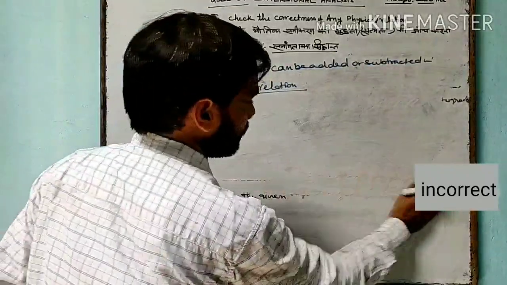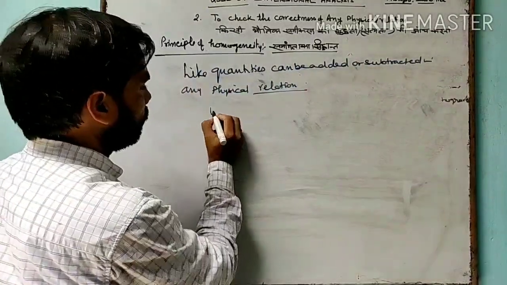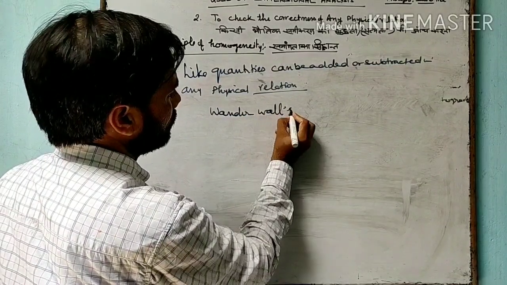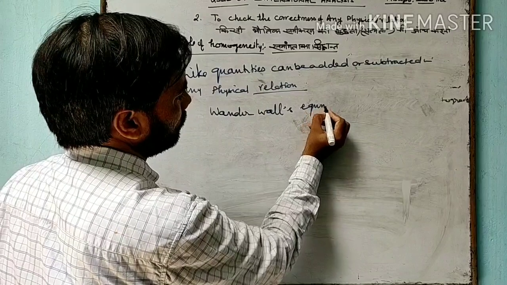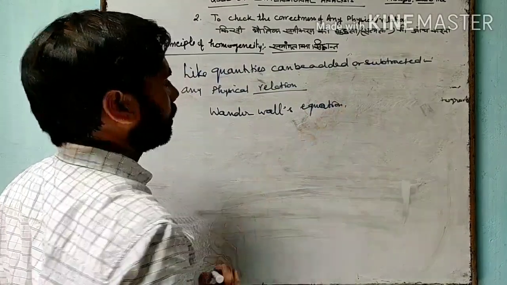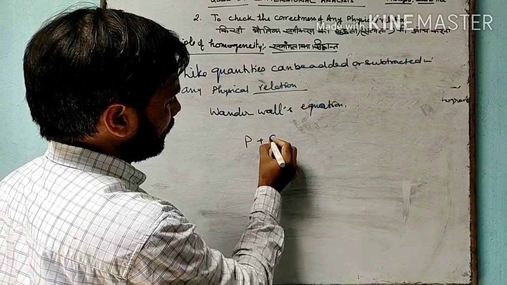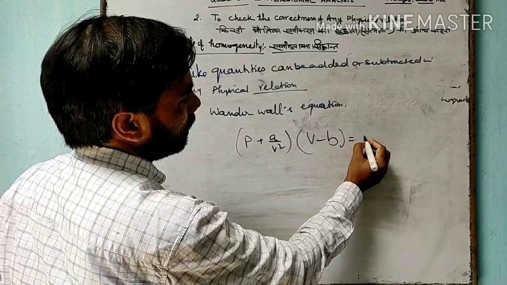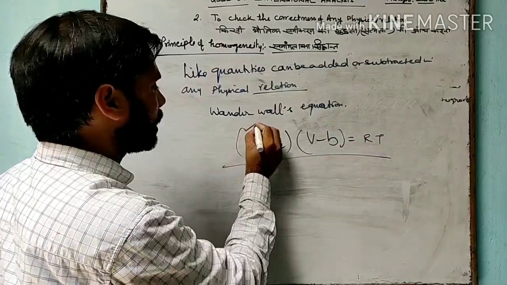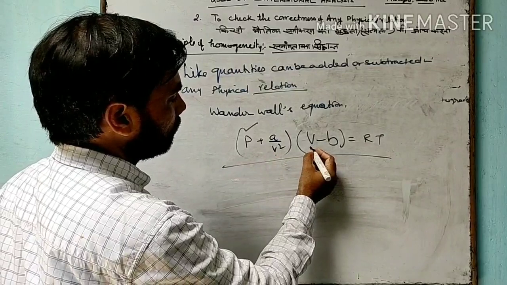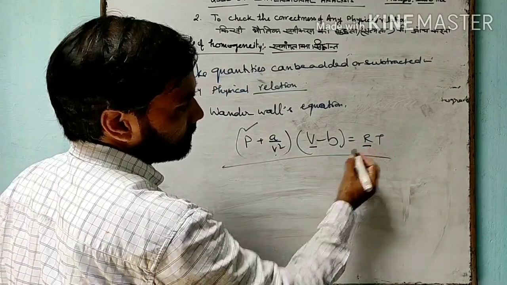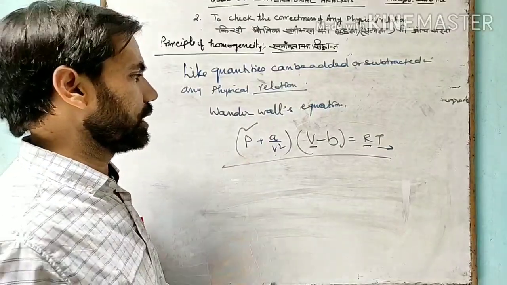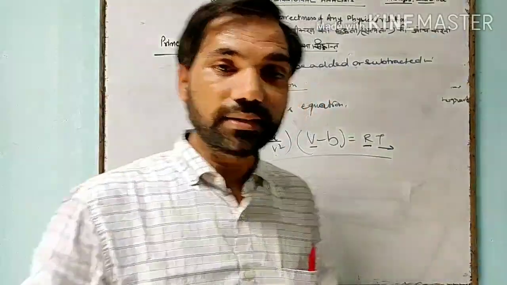It means that suppose you have been given the van der Waals equation, that is P plus A upon V square, times V minus B, is equal to RT. Here P is pressure, V is volume, R is the universal gas constant, T is absolute temperature. This equation is for a real gas.